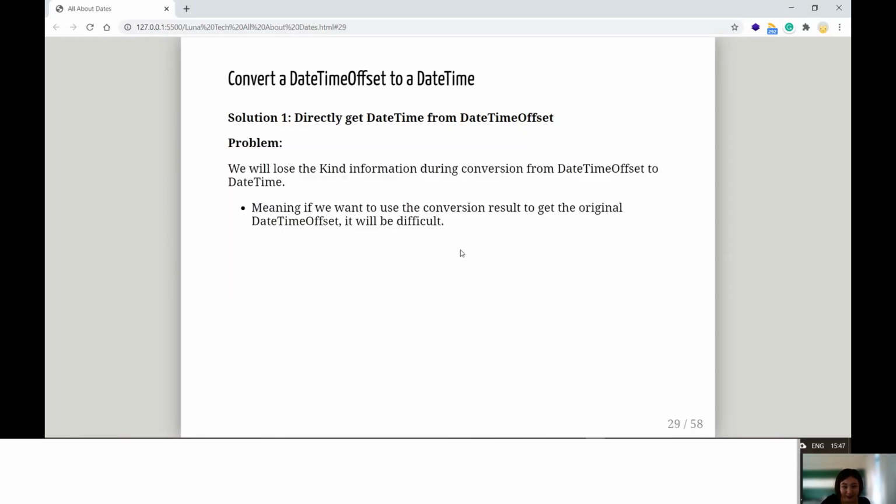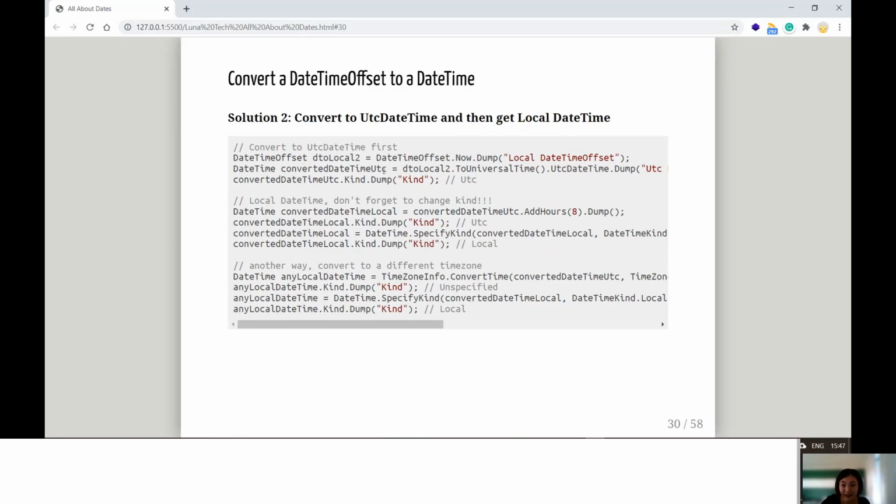Okay, so that's what I said. And then we can also try to convert it to a UTC DateTime, right? Like use this ToUniversalTime and then get the UTC DateTime. And then we can actually get the correct kind of UTC.